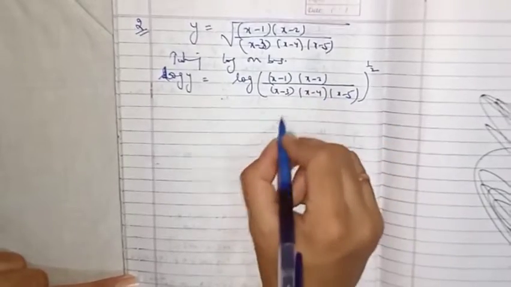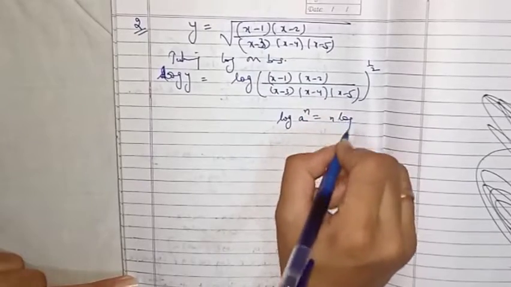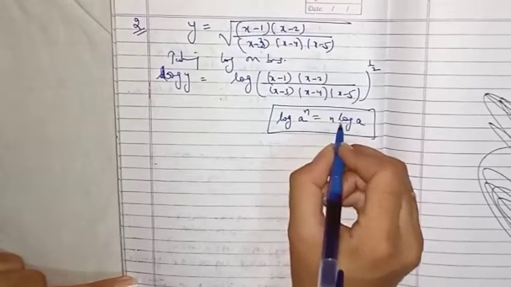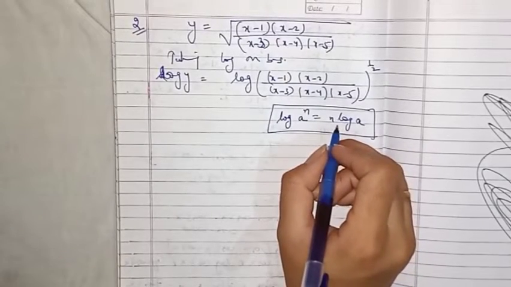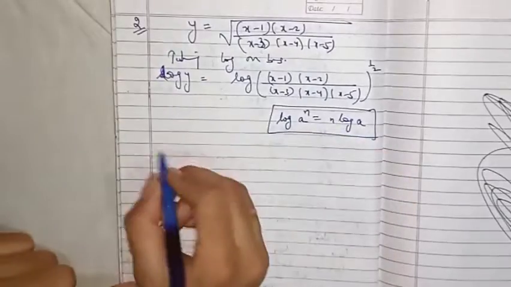Now I know that log of a power n is n log a. The power will become multiply, and I can take out the power from the function log, right?